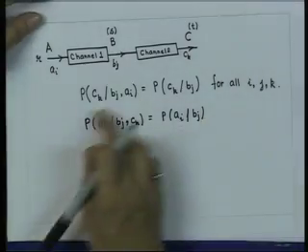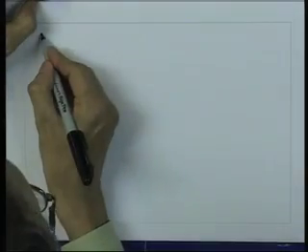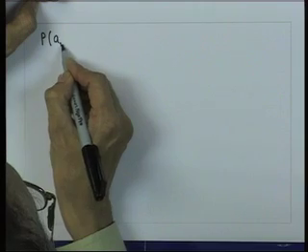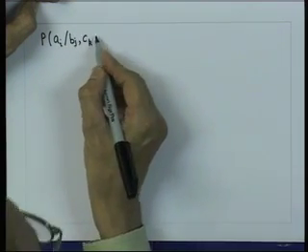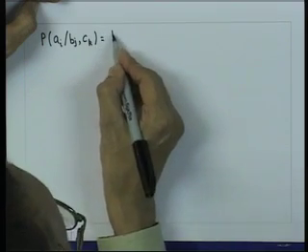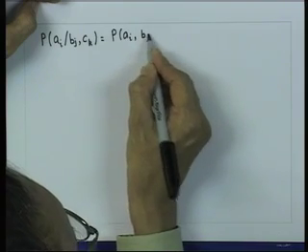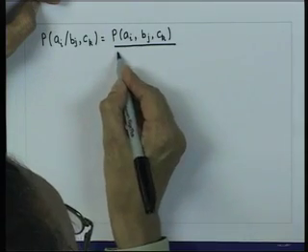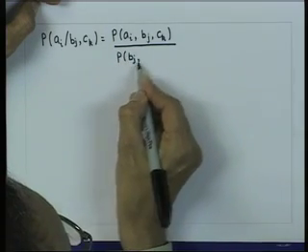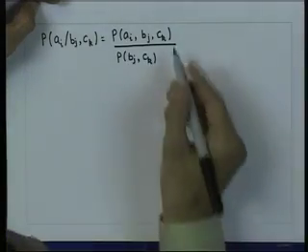Let us try to prove this relationship. It is not very difficult to prove that probability of A i given B j C k can be written, by Bayes' rule, as the probability of the joint event A i B j C k divided by the probability of B j C k, provided the probability of B j C k is not equal to 0.